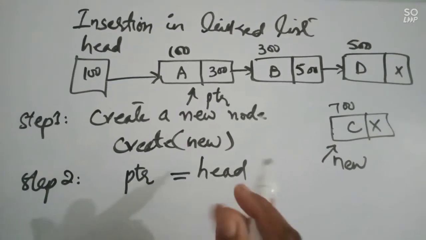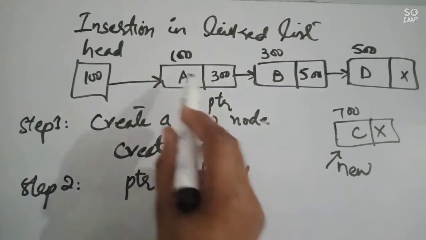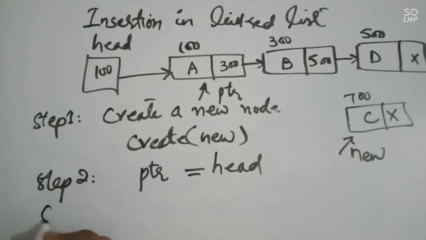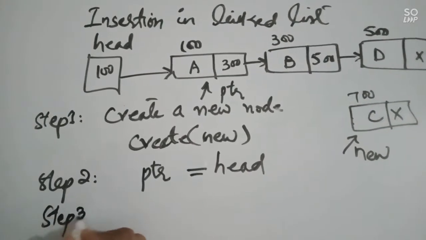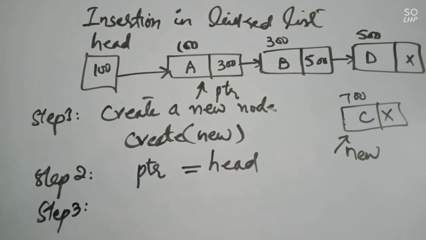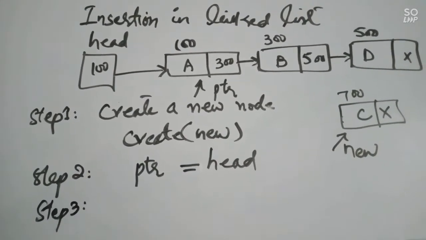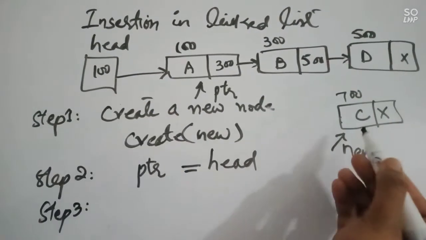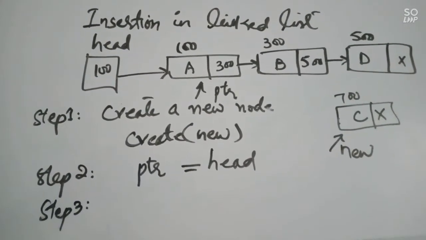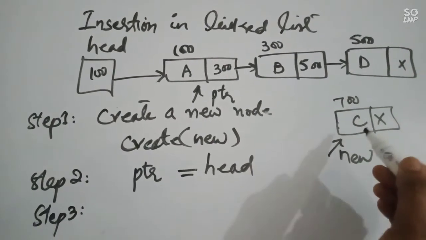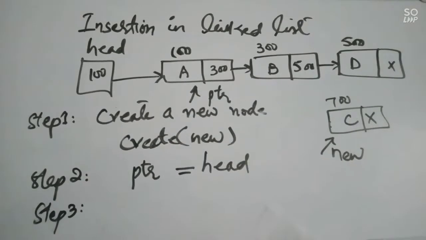So ptr is pointing to this node. If we want to do insertion at the head, we have to make a connection between this and this.